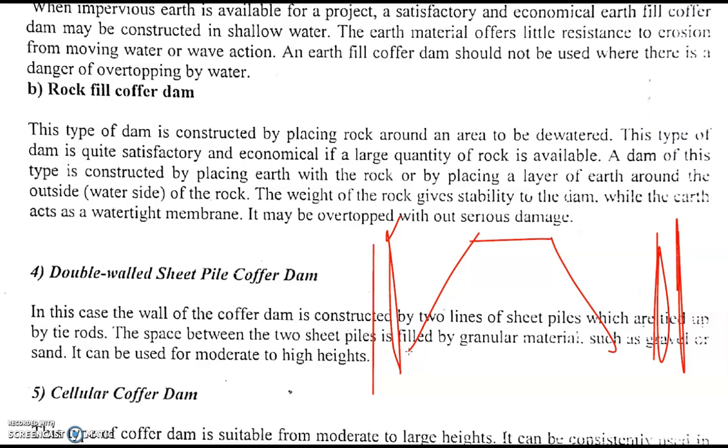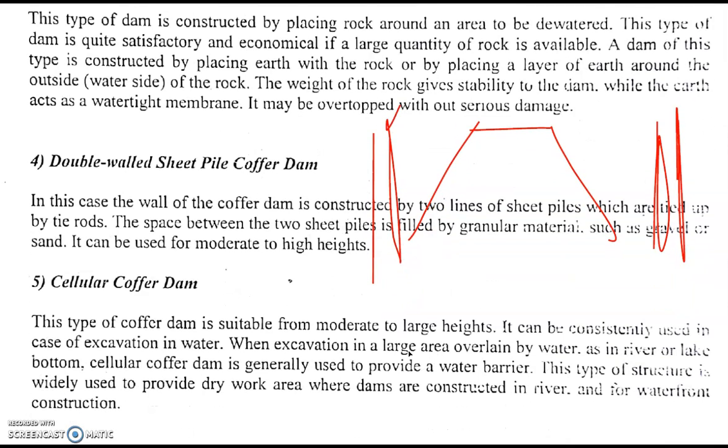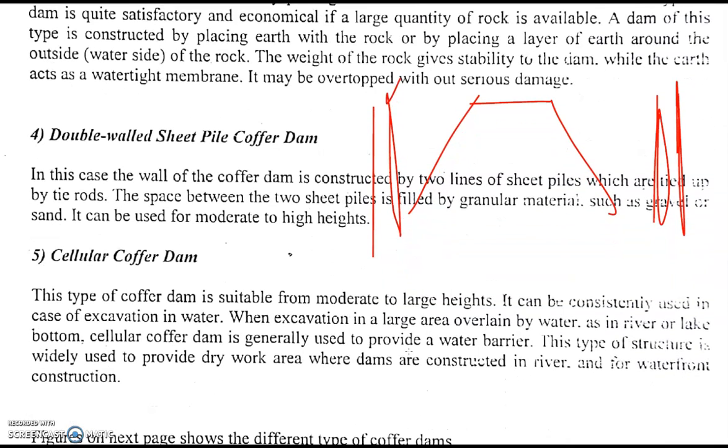And similarly, cellular cofferdams. This type of cofferdam is suitable from moderate to high to large heights. So it can be consistently used in case of excavation in water.